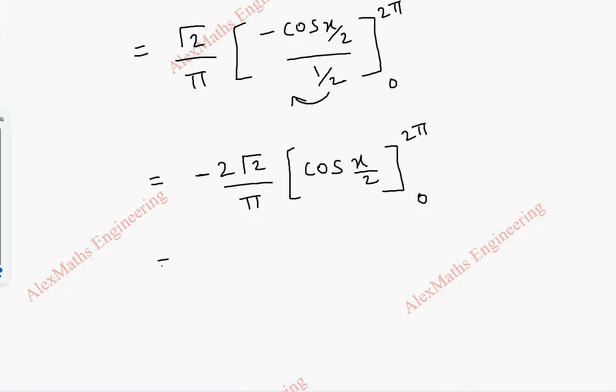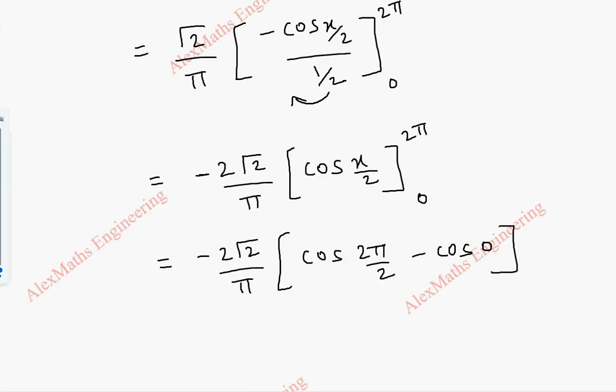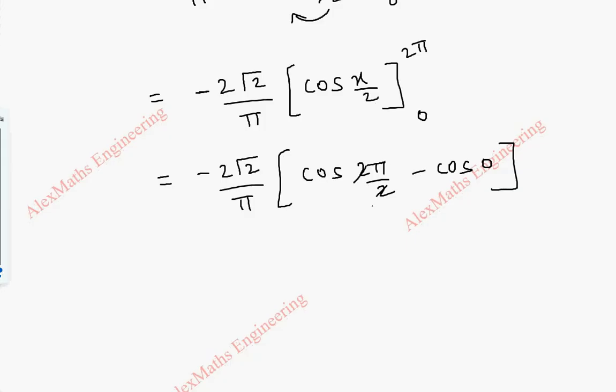Now using the upper limit, it will become cos 2 pi by 2 minus cos 0. And this becomes cos pi, which is minus 1. So this is minus 1, again there is a minus 1 here. Cos 0 is 1, but there is a minus sign.